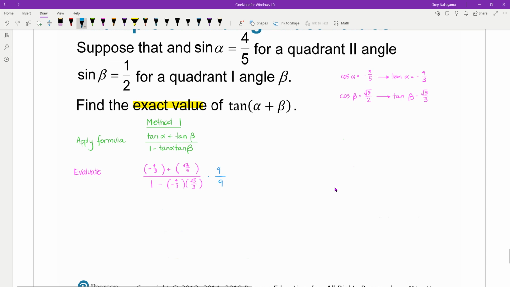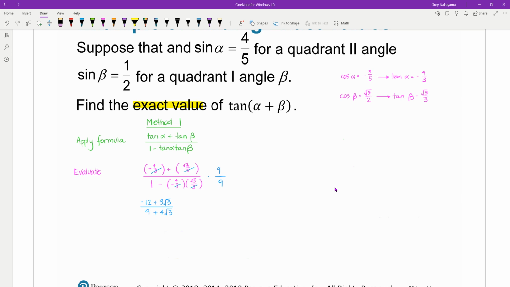Multiplying it by 9, 3 goes into 9 3 times, so that's going to be negative 12. 3 goes into 3 9 times. 3 goes into 9 3 times, which is going to be plus 3 square roots of 3. 1 times 9 is 9, and then 3 times 3 is 9, plus 4 square roots of 3.